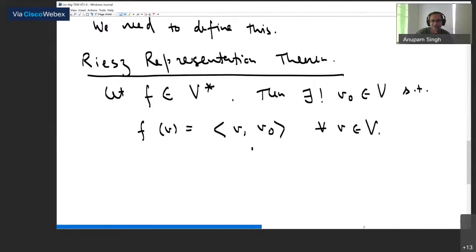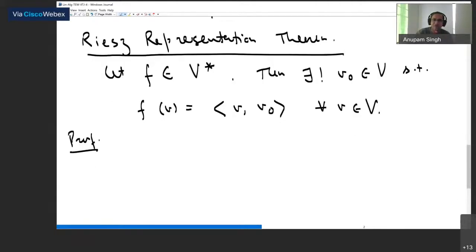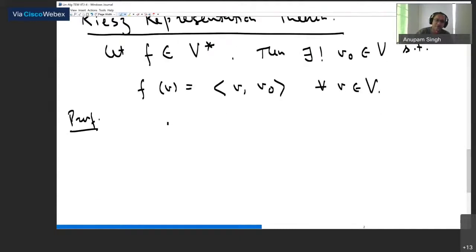This is very easy in the finite dimensional case, and I can give you an intuitive way of thinking about it. Given an inner product, if I fix one of the variables, I can define a map from V to V star. In fact, for any non-degenerate bilinear form, as we described earlier the day before yesterday, this is equivalent to saying that this map is an isomorphism.